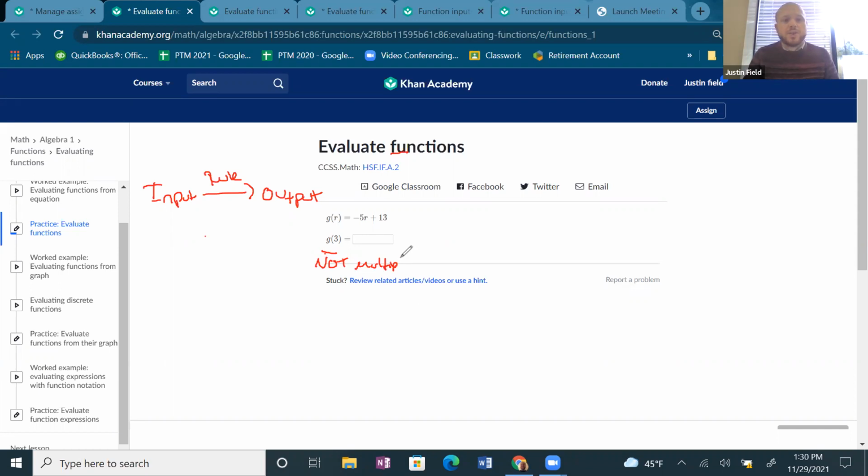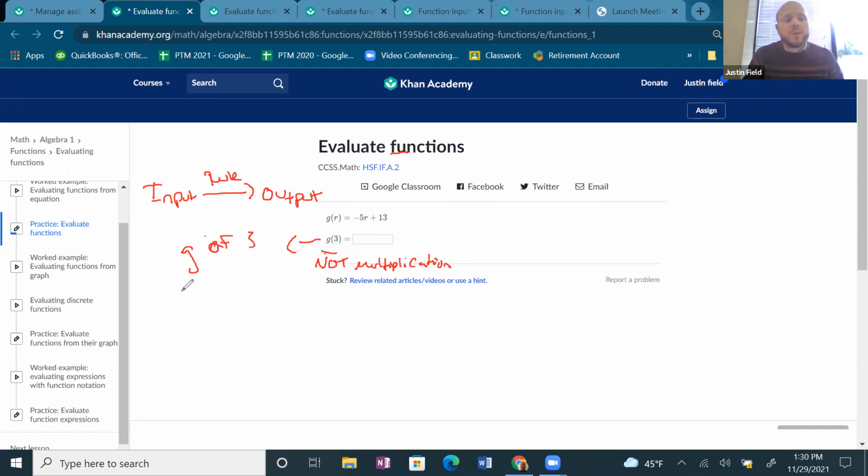All right, so in function notation, this is not multiplication. So those of you not watching the video, and then you think this is multiplication, g times 3, well, it's not. All right, so how do we say this? We say g of 3, okay?